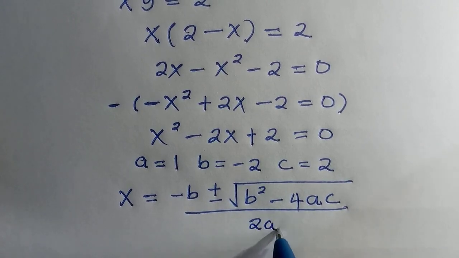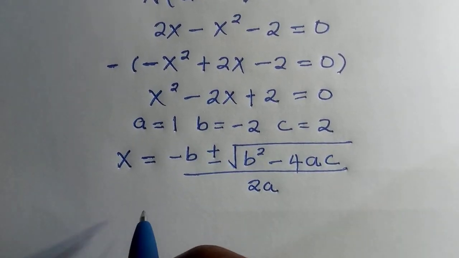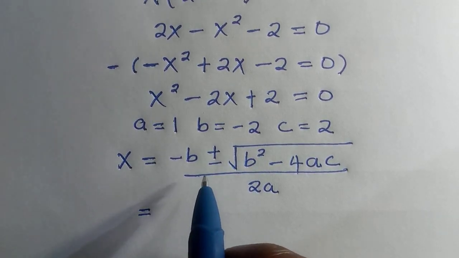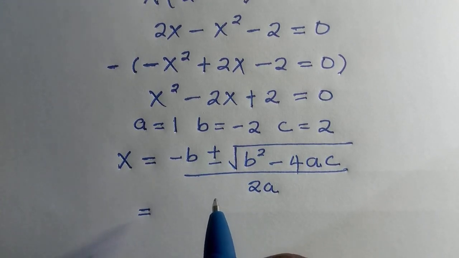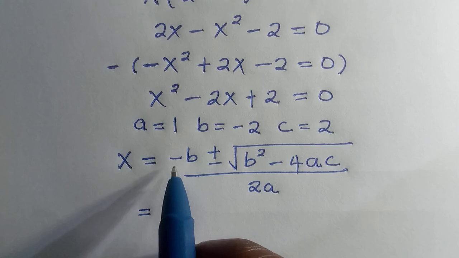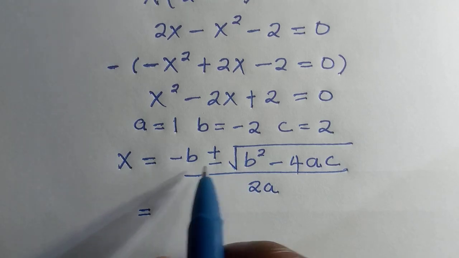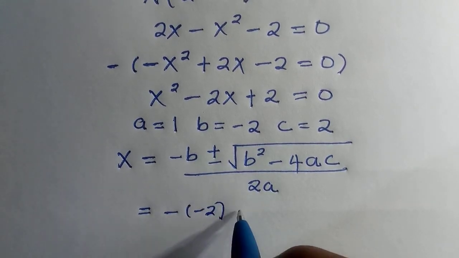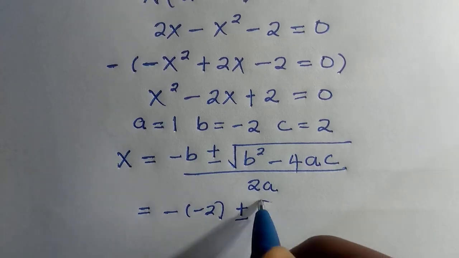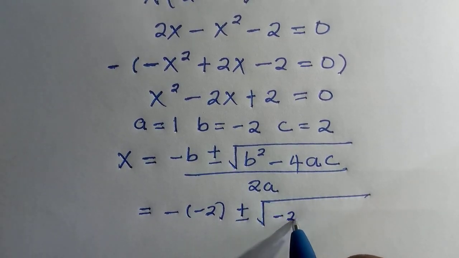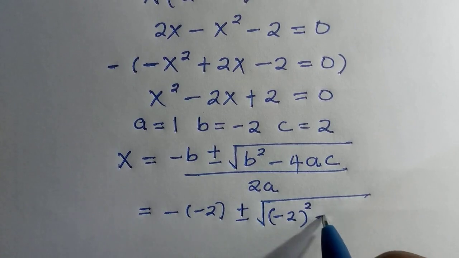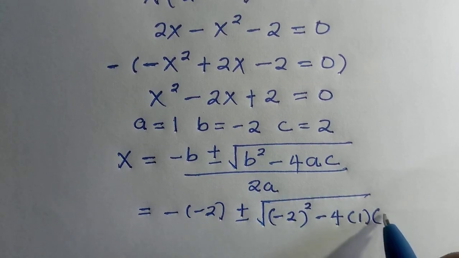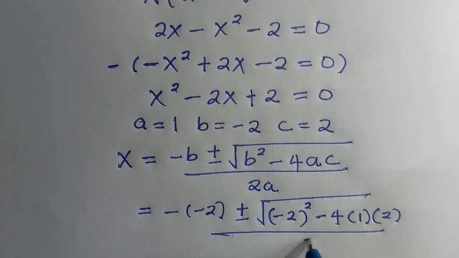divided by 2a. So substituting all this, we have this equals minus b, where b is minus 2, but here there is minus before, and b we are going to be substituting is having minus 2 as well. Then we have minus open bracket minus 2 plus or minus the square root of minus 2 squared minus 4 open bracket a is 1 and c is 2, all divided by 2.